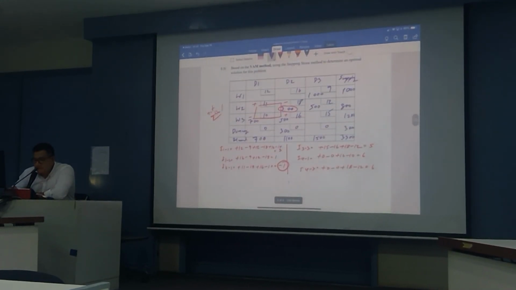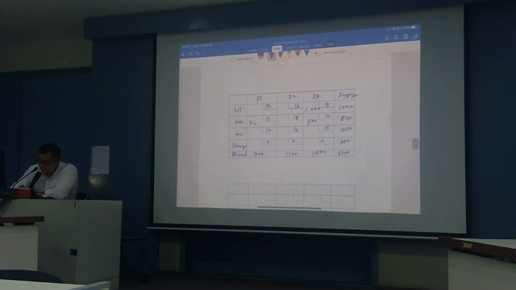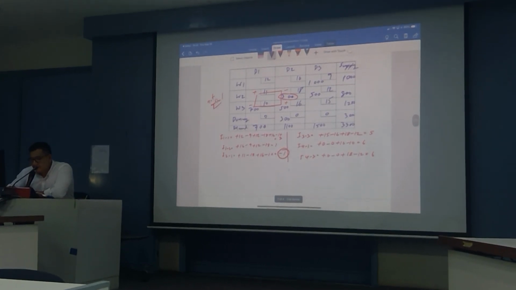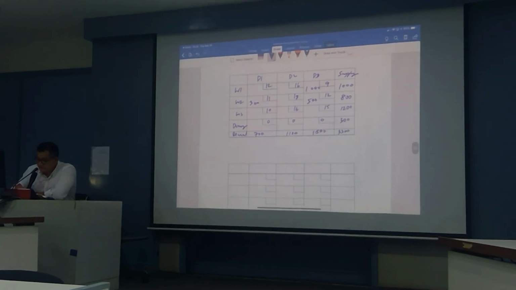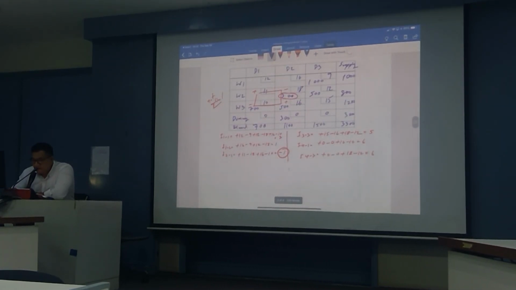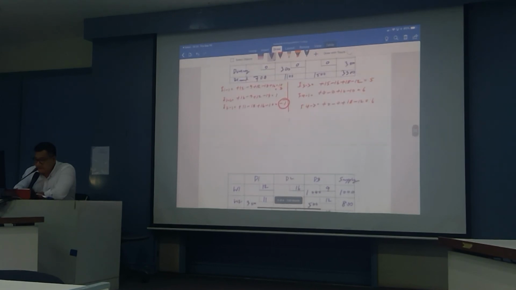For cell W2D1, we change from 0 to 300. Cell W2D2 changes from 300 to 0. Cell W3D2 changes from 500 to 800. Cell W3D1 changes from 700 to 400. And the rest is going to be the same, right?